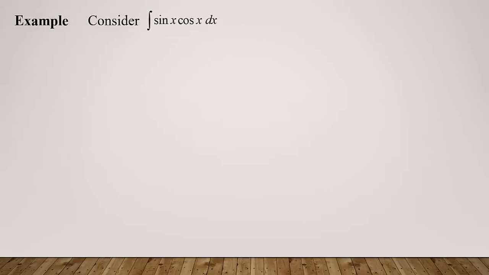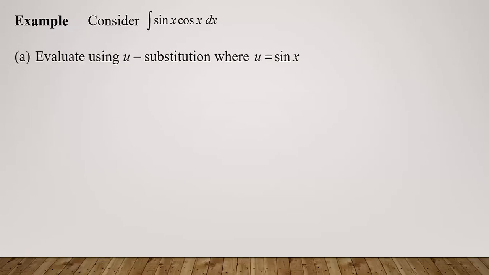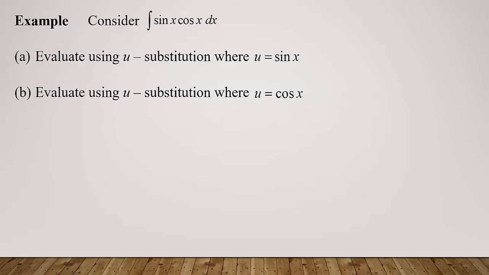So, you've got another example here. We're going to consider the integral of sine x cosine x dx, and we're going to evaluate this. In part A, we're going to do u substitution. We'll let u equal sine x. Part B, we're going to evaluate it using u substitution, but this time we'll let u equal cosine x.